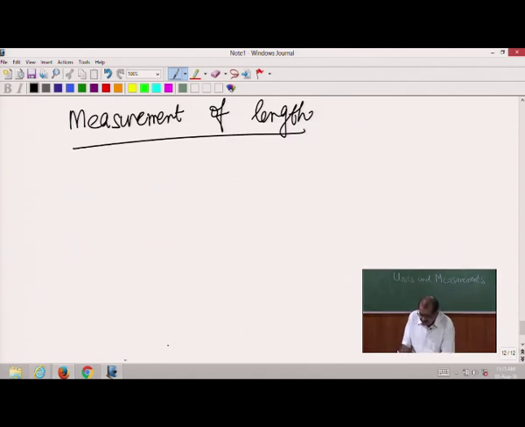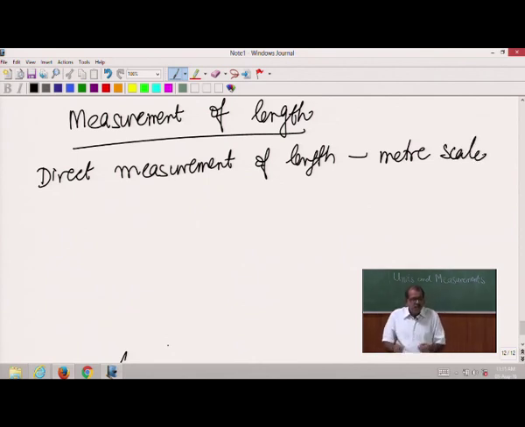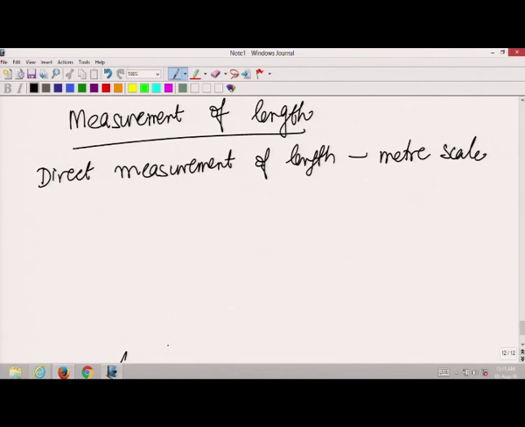Well, as we have seen, the direct measurement of length is done by a meter scale, and the most common example where you see direct measurement of length being done by a meter scale is when you go to buy cloth.